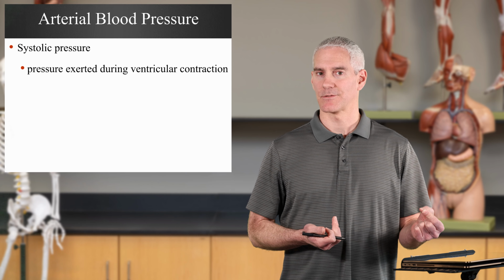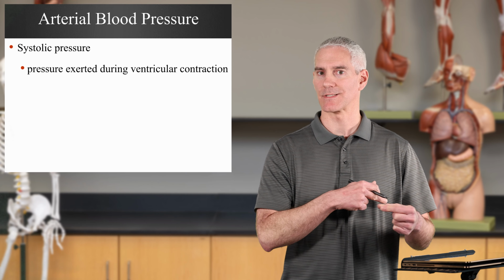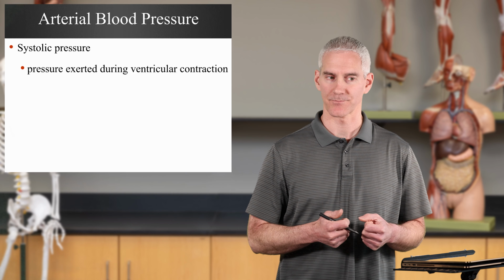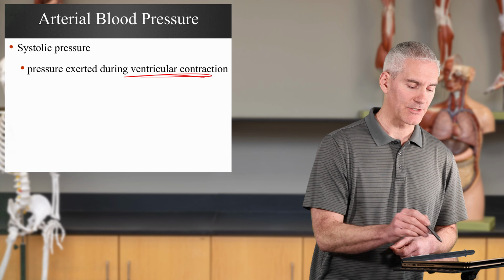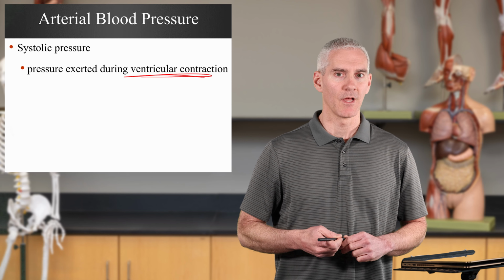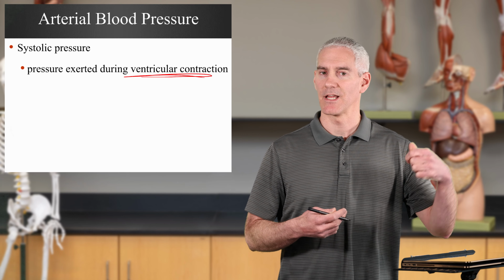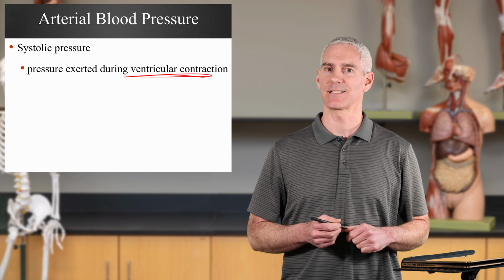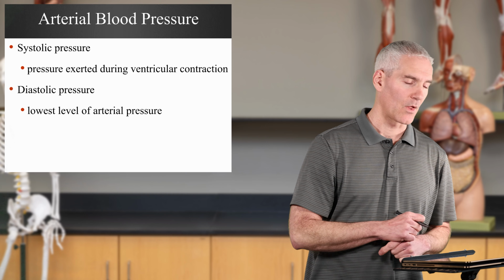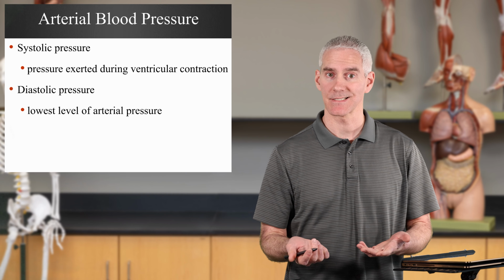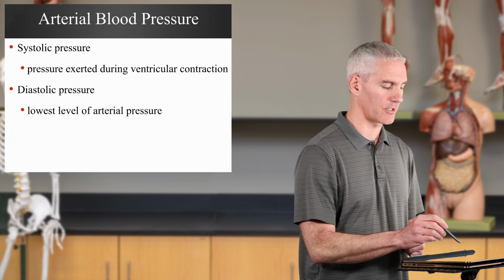All right, systolic. We've already mentioned back in the heart, systolic was contraction. Same thing here. Systolic pressure is during ventricular contraction. So as long as the ventricle is contracting, you're pushing up to your peak systolic pressure. But then, once the ventricle starts to relax, we're now in diastolic pressure.